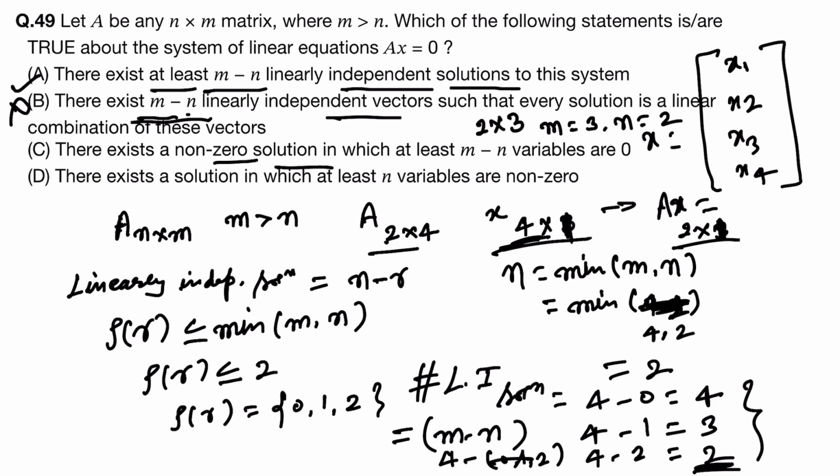So just see the false condition. I take a matrix of order 2 into 3, 2 rows 3 columns. Okay, 1 0 5, let's take. I just take any case, 0 0 6, 2 rows 3 columns.